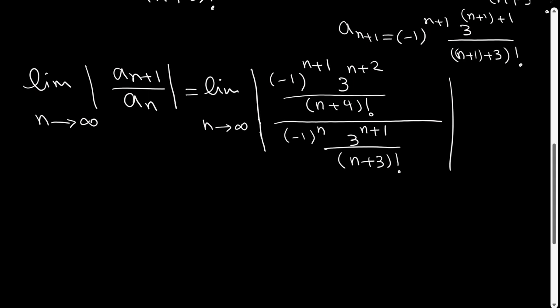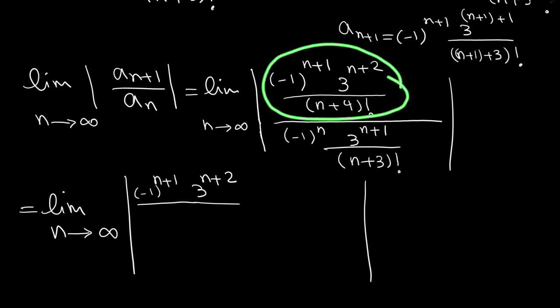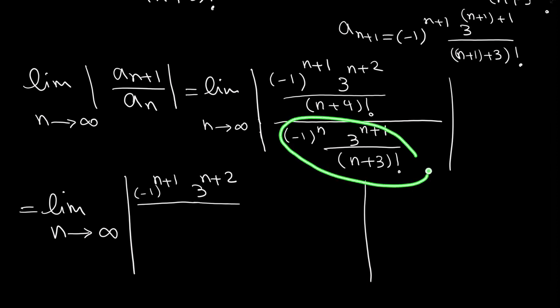We have the absolute value of this division. So I can simplify inside the absolute value and write it as a limit when n approaches infinity. Let's keep the numerator as (-1)^(n+1) times 3^(n+2), and multiply the numerator by the reciprocal of the denominator.